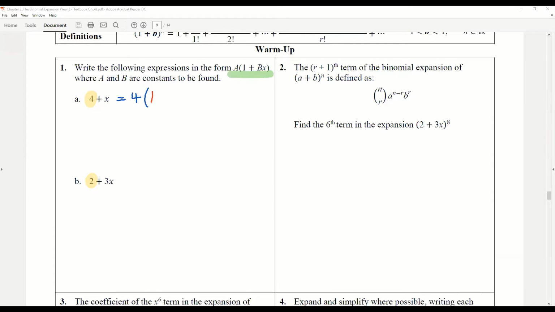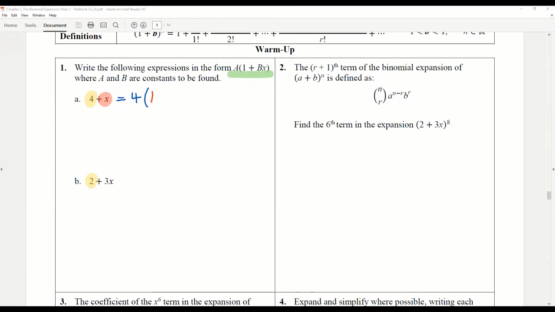And then I have to write down what the x term would be inside the bracket. If I factored out a 4, I have to make the x term 4 times smaller, because I've factored out a 4.